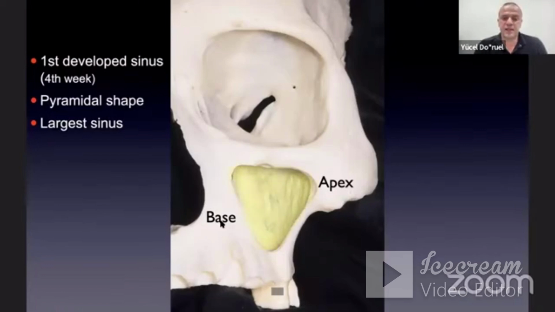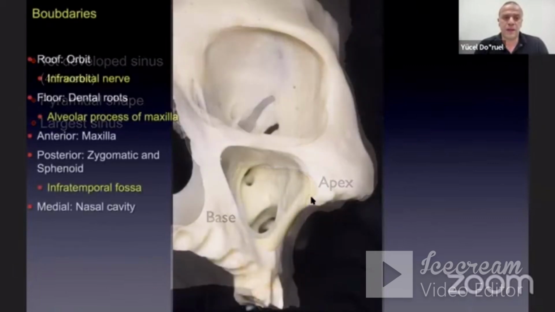Its base corresponds to the medial nasal wall, and the apex comes to the zygomatic root. It is also the first developing sinus, in the fourth gestational week.